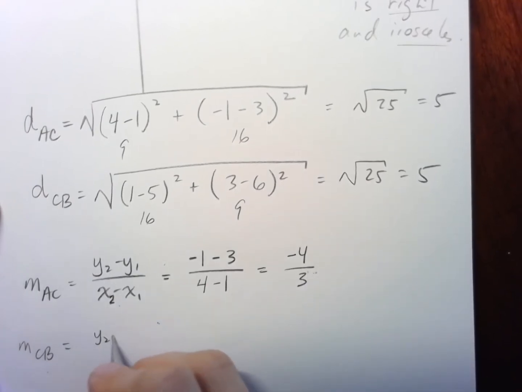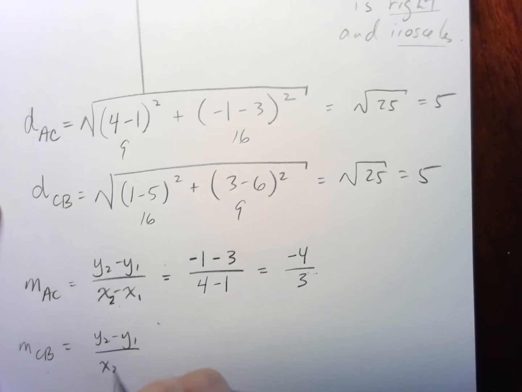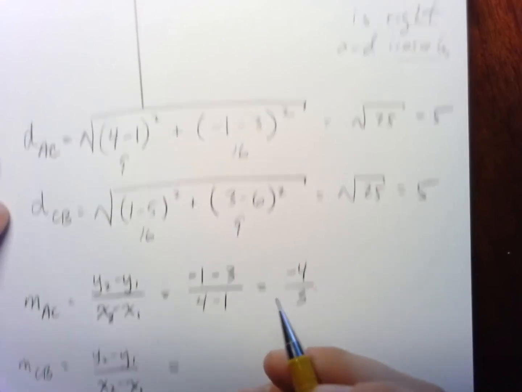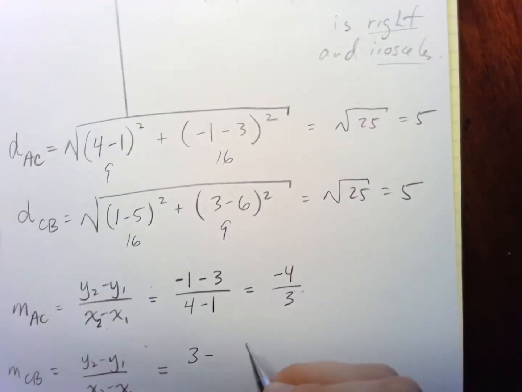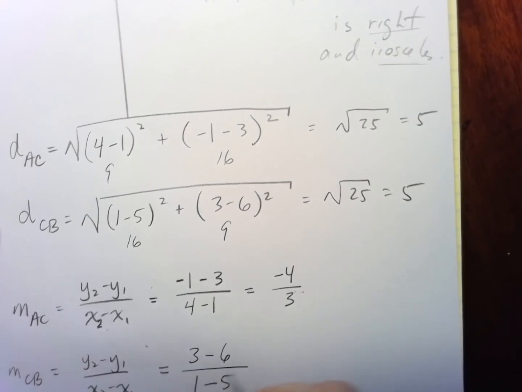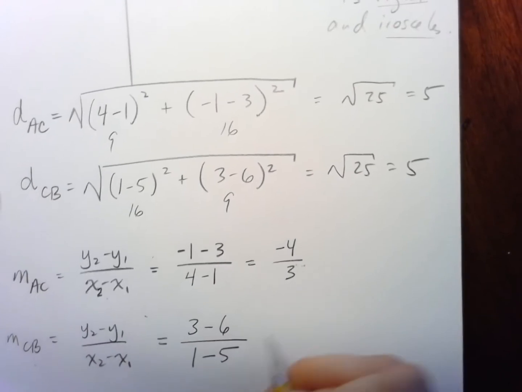So y2 minus y1 over x2 minus x1. Okay, so y2 is going to be 3, y1 is going to be 6, and x2 is going to be 1, and x1 is going to be 5.